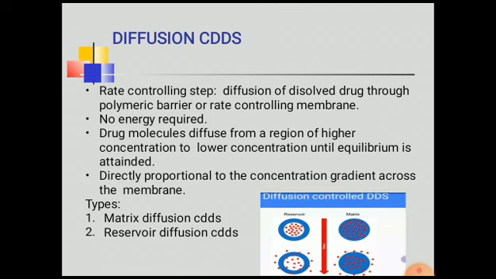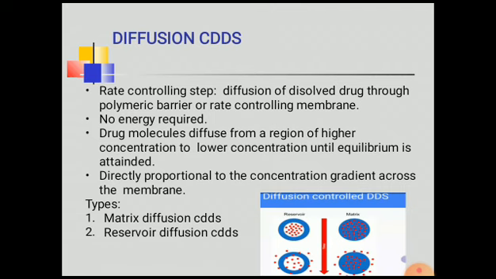The rupturing case will not be there. Only the movement of drug particles through the rate controlling polymeric membrane is the rate controlling step. No energy is required to cause the diffusion mechanism. The drug molecules diffuse from a region of higher concentration to lower concentration until equilibrium is attained. That is the definition of diffusion.